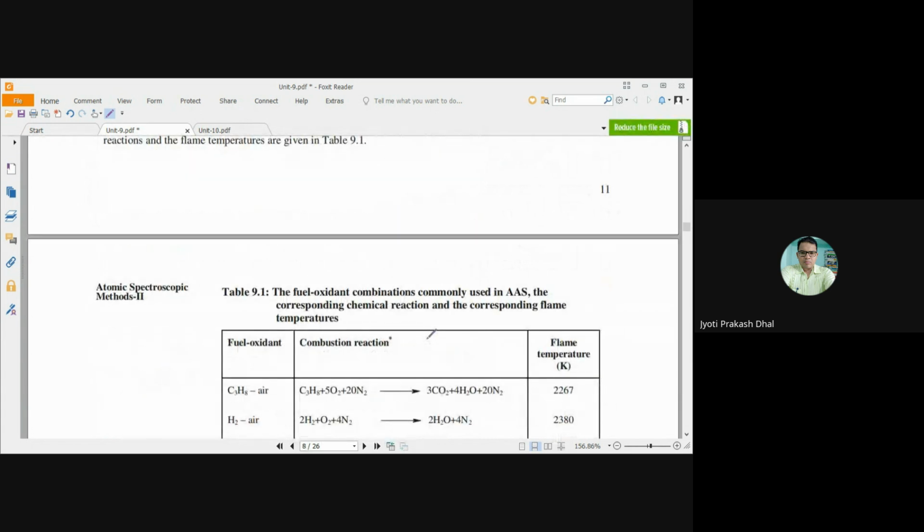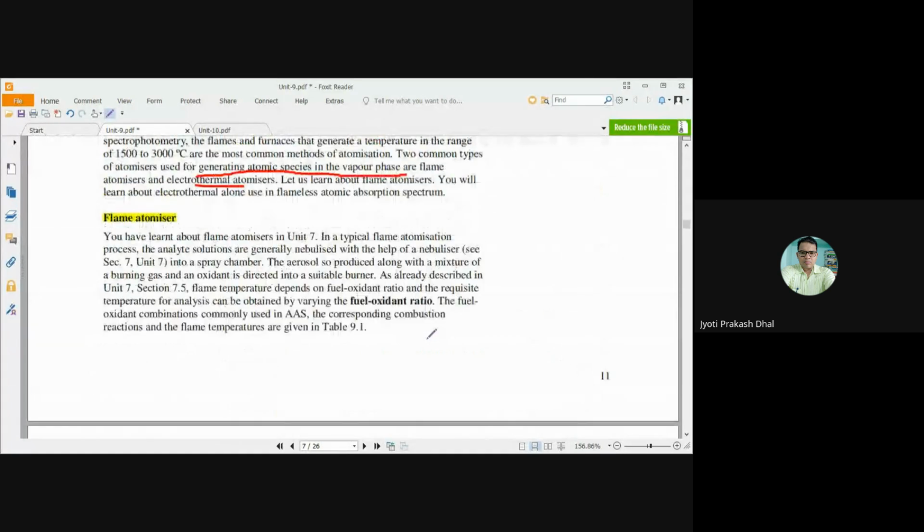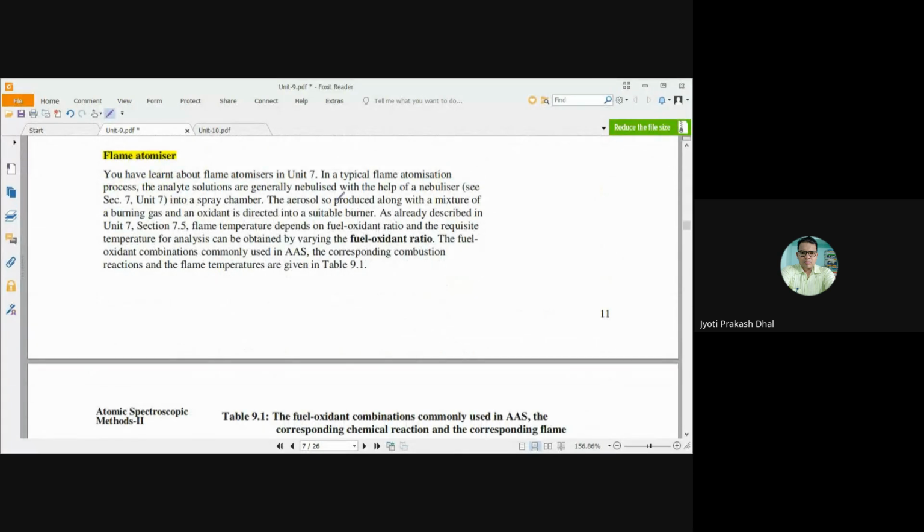First, we will discuss the flame atomizer. In a typical flame atomization process, the analyte solutions are generally nebulized with the help of a nebulizer that we have already discussed in Unit 7. The analyte solution is nebulized into a spray chamber.